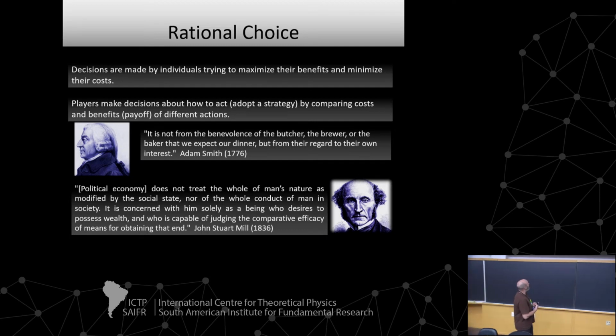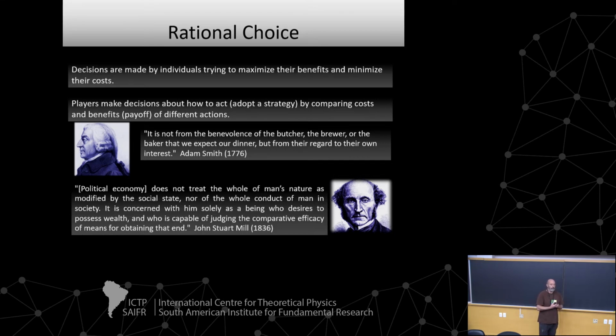And some years later, in 1836, John Stuart Mill, an economist, wrote in his book, Political Economy, "A political economy does not treat the whole of a man's nature as modified by the social state, nor of the whole conduct of a man in society.